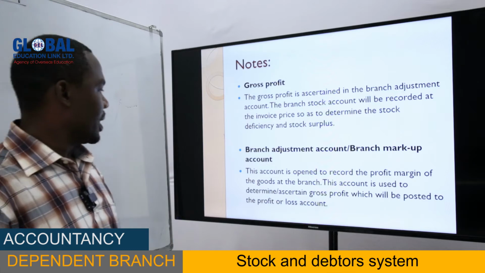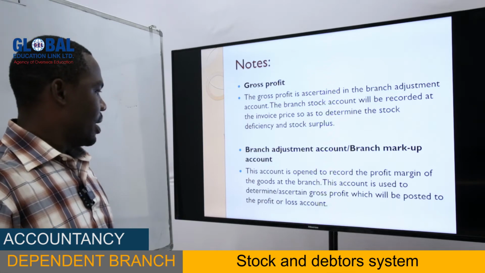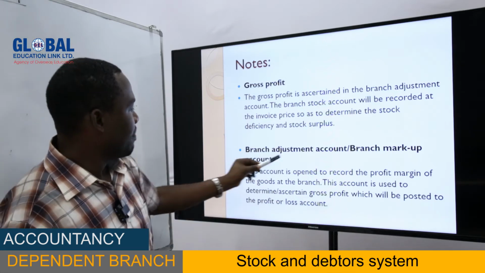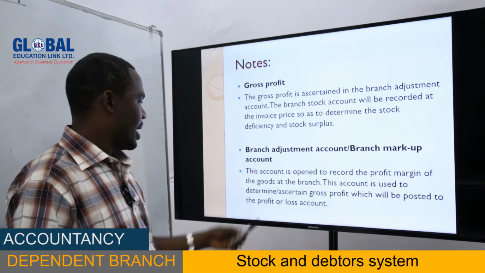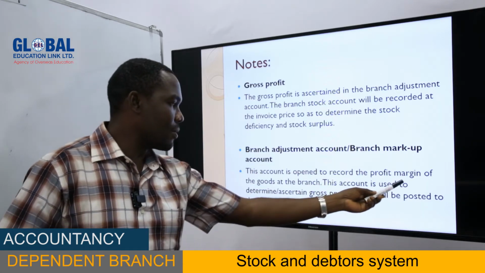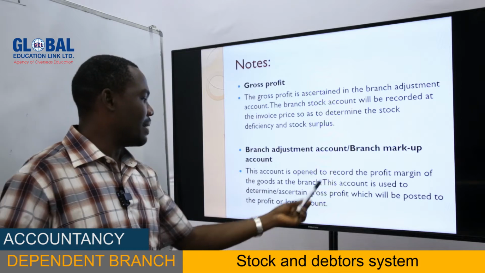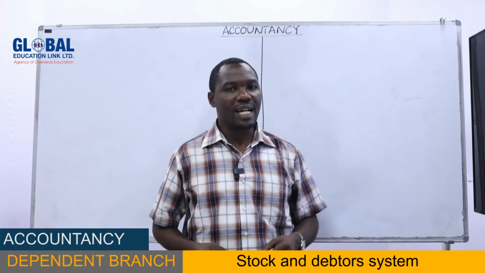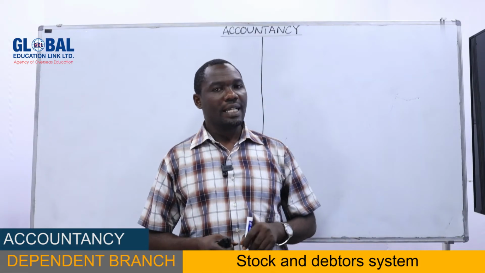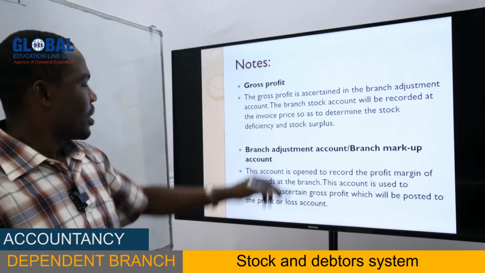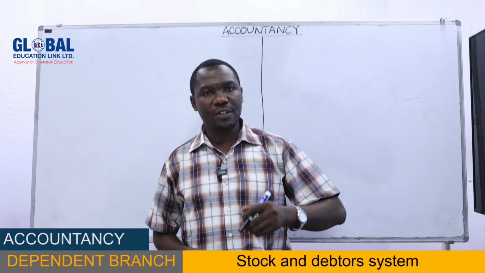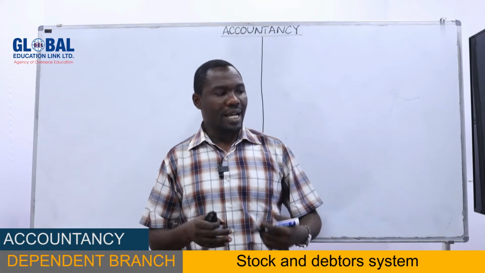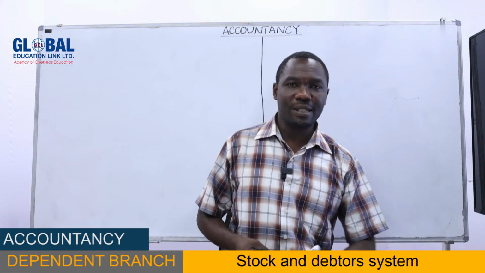How is this ruled? The branch adjustment account, or branch markup account, is opened to record the profit margin of the goods at the branch. This is basically only for keeping records of the profit margin, the profit loaded by the head office to the branch, and basically this is unrealized profit.